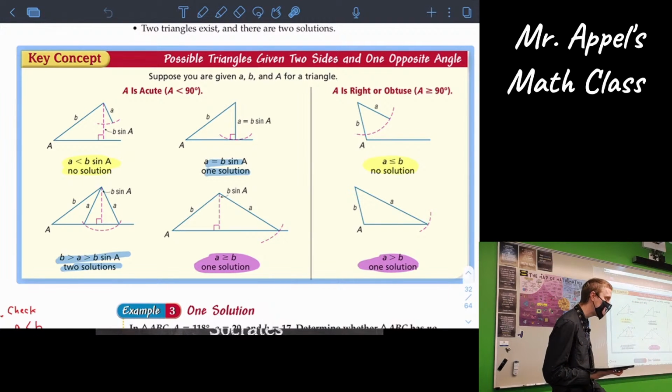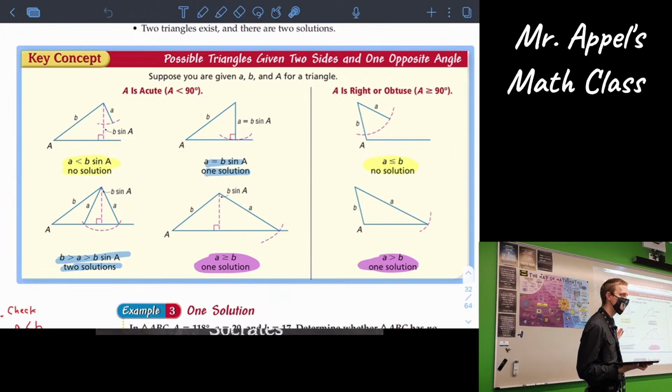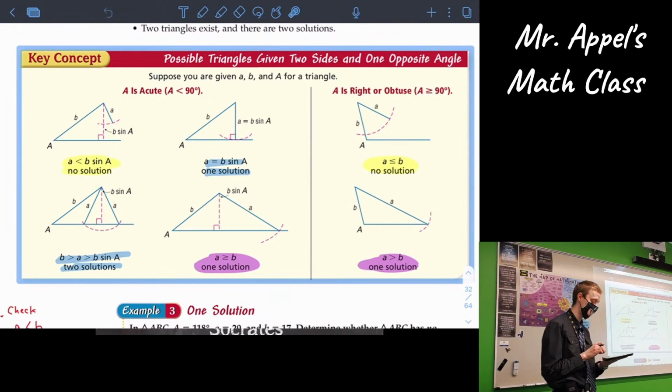So if you already know that side is smaller than something else, it just failed. That's the only catch. So do check that first.